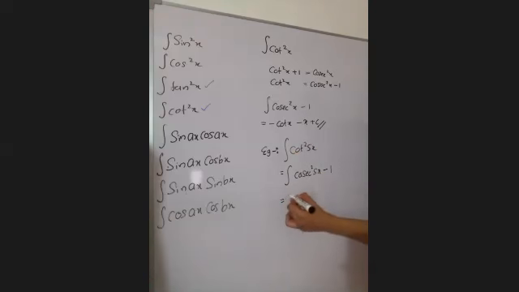So this is minus 1 over 5 cot 5x, minus x, with a plus c at the end. That is your final answer. That is the way of integrating cot squared x. Right. Let's come up with the next part of it.